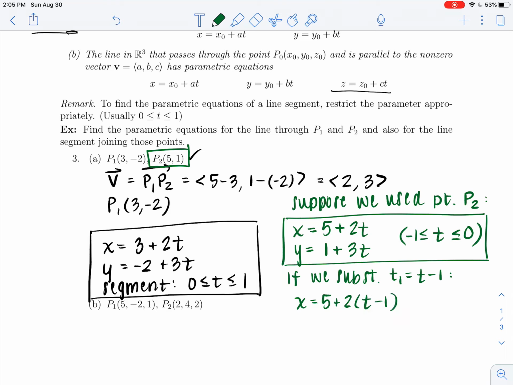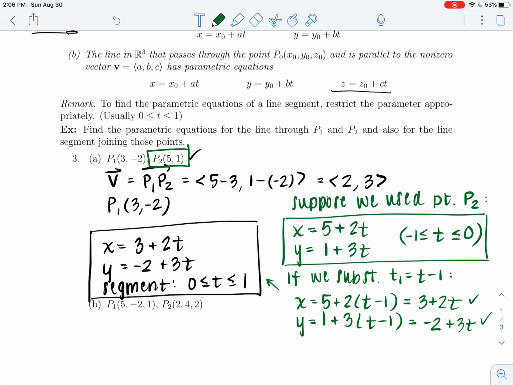And so if you distribute this, we're going to get 5 minus 2, which is 3, plus 2t. And y would be 1 plus 3 times t minus 1. That would be 1 minus 3, which is -2, plus 3t. And sure enough, that exactly matches what we had over here in black. So just by shifting that parameter value by 1, we were able to identify that these are correct.